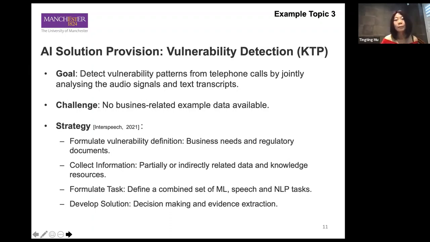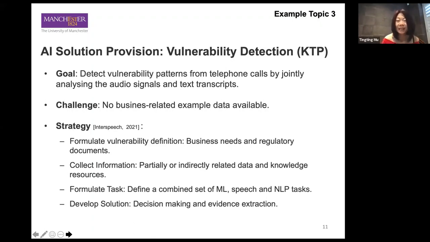We work with a company in the telephone call business. They are interested in detecting vulnerability patterns from their telephone call data by jointly analyzing the audio signals and text transcripts. In this project, the biggest challenge we encountered is that we don't have data.